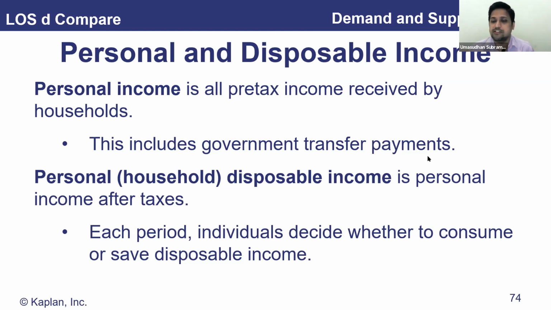There is something more which is not in the slide, which is very often used. It is called discretionary income. Personal income is your income pre-tax. Disposable income is the income after paying taxes, the money that you can spend. Discretionary income means you take your disposable income and also deduct the money that you spend on your essentials, your food, your shelter, things like that.